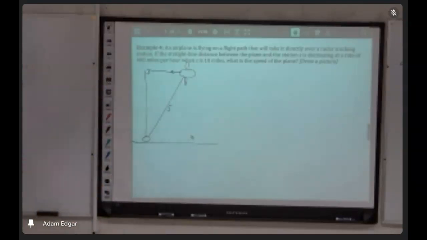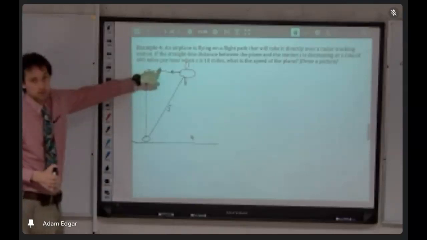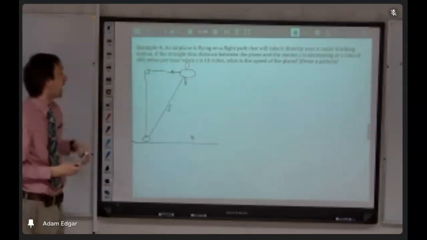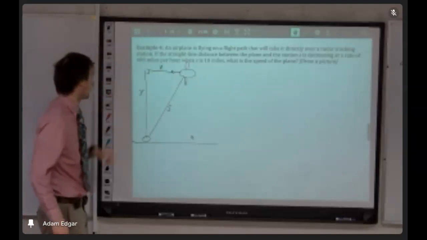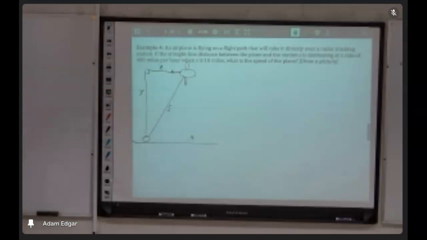And we need to have variables for the other two sides of this. I like to use an X and Y, and X I like to be horizontal, and Y I like to be vertical. And then we have, well, which of these things is changing over time?